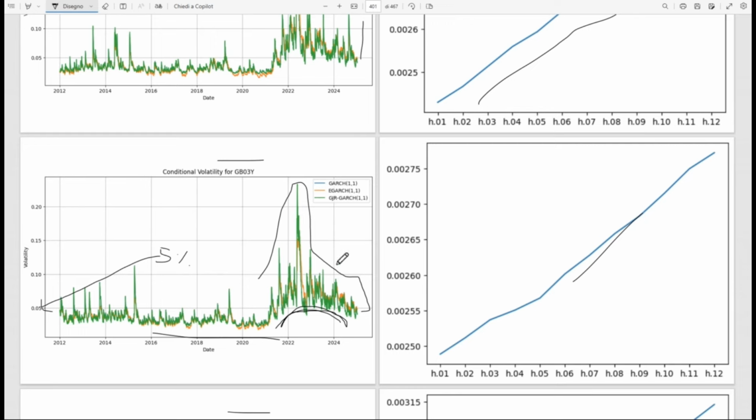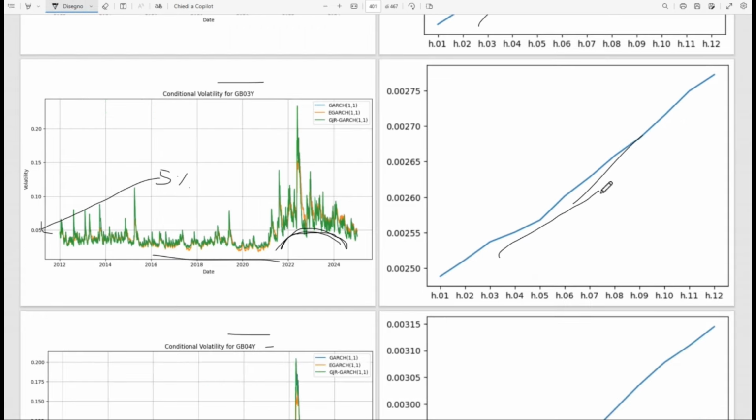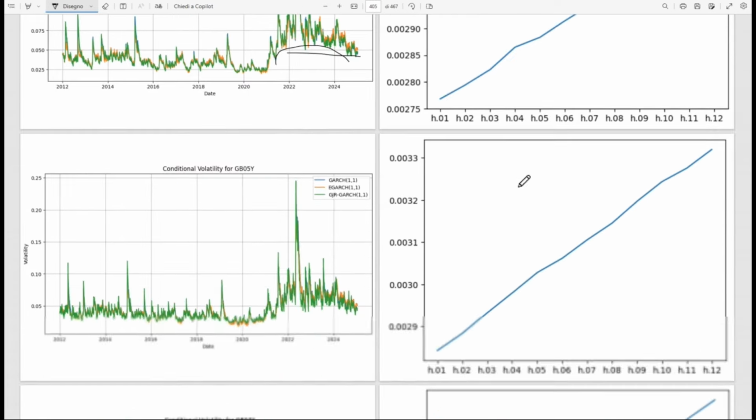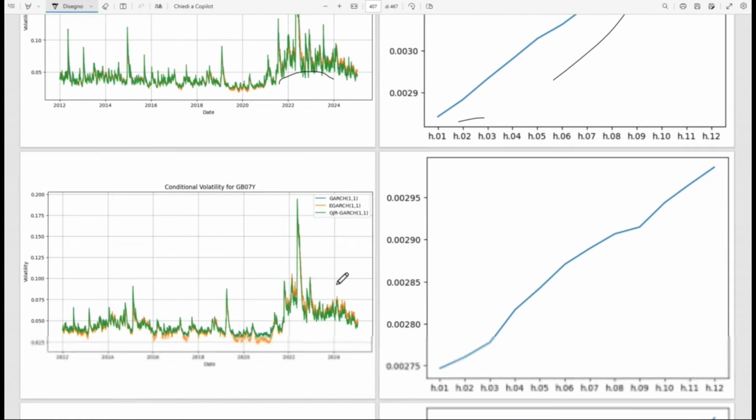This is conditional vol, this is not vol of vol. And this will be the conditional vol going forward. For the 3 year and 4 year duration, we see the pattern: high baseline volatility, and the forecast horizon also high volatility. So these are all very consistent.